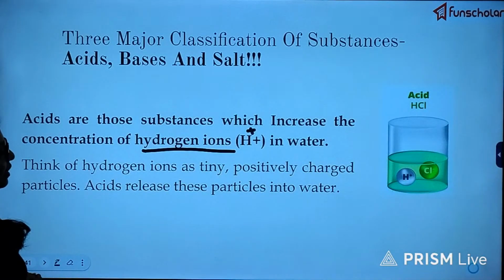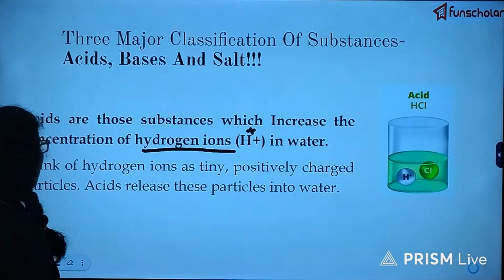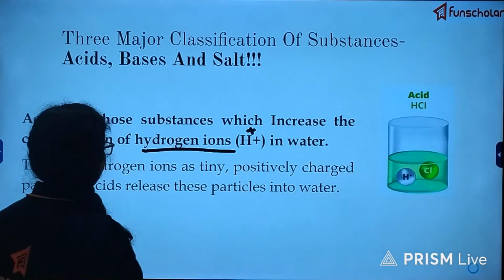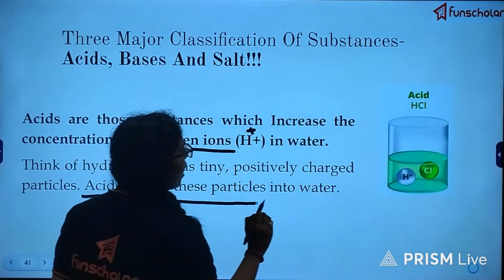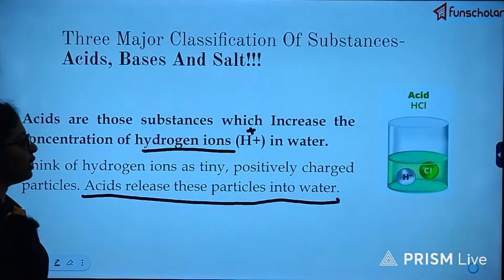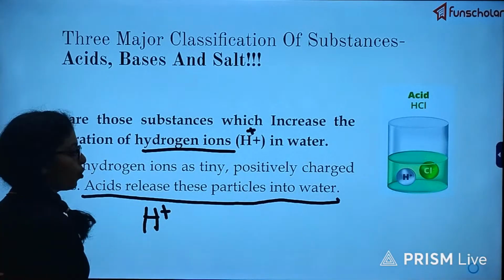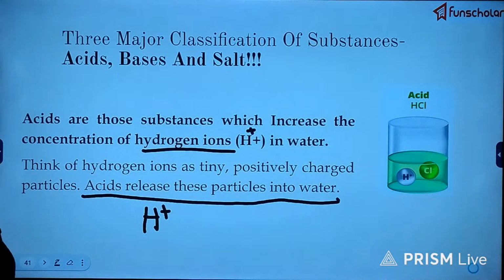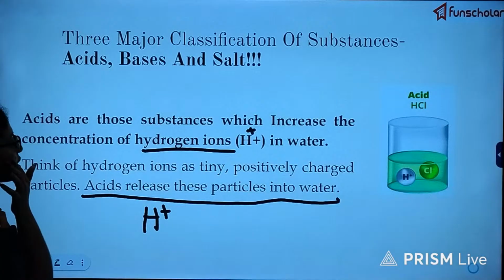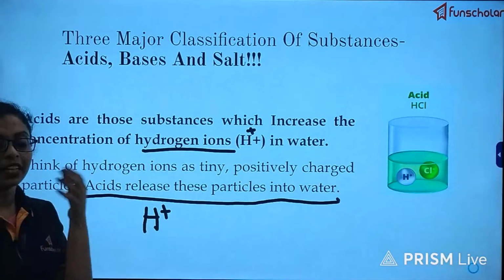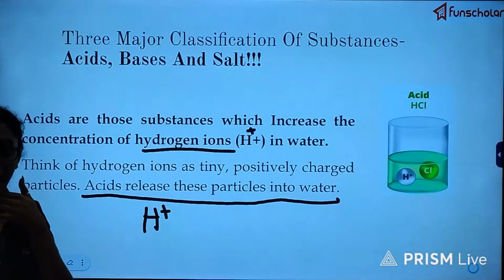Think of hydrogen ions as tiny positively charged particles. Acids release these particles into water. Basically, acids release these H plus ions in water. So whenever something is releasing H plus ions in water, you must know that the substance is a type of acid.